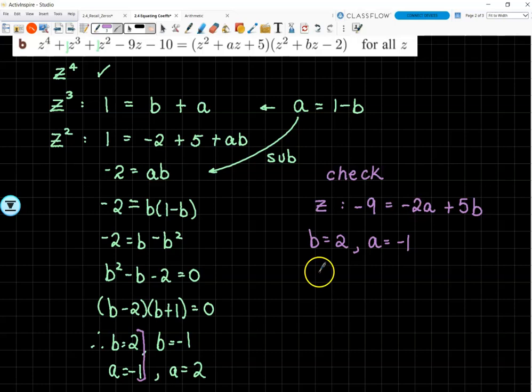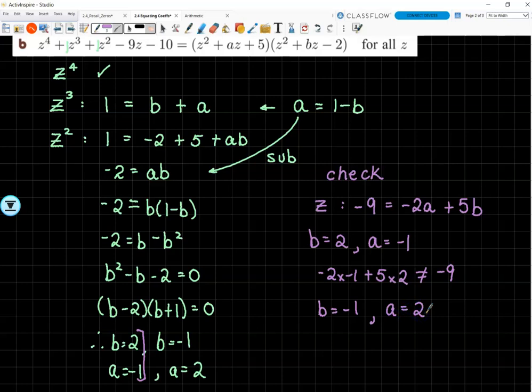Okay, so we've got minus 2 times minus 1 plus 5 times 2. Uh-oh. Yeah, that's 8, which does not equal minus 9. So that means what has gone amok?